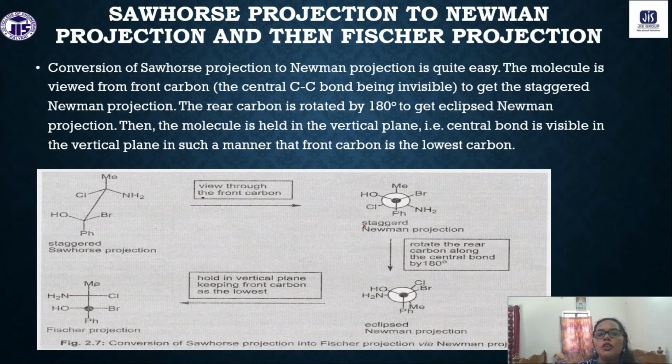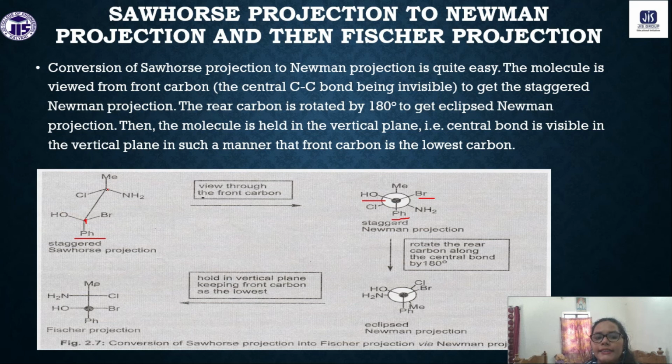Okay, so if we have the Sawhorse to Newman, how can we find it? Look, this is your front carbon. This should be denoted by the point. With this carbon we have the phenyl group down, and on the right side we have Br, and OH minus on the left hand side, right?